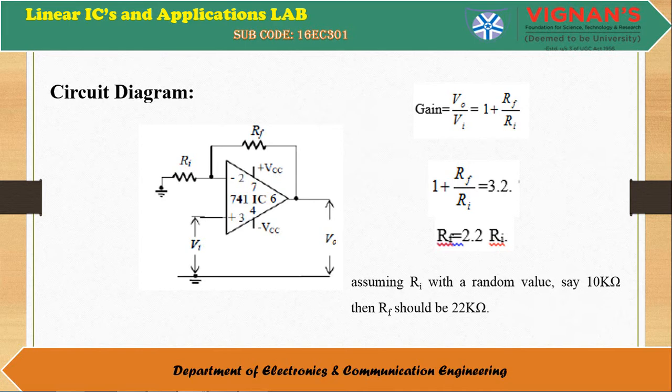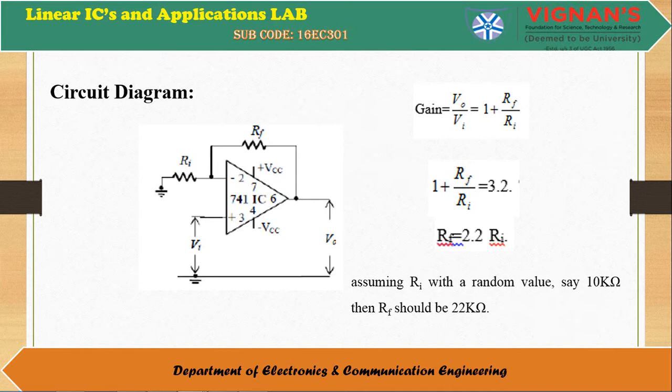Here the inverting terminal is 2. The power supplies are plus VCC and minus VCC. The pins are 7 and 4. Sixth pin is output. So to connect the circuit on the breadboard, we need these pins of the 741 op-amp: 2, 3, 7, 6 and 4.